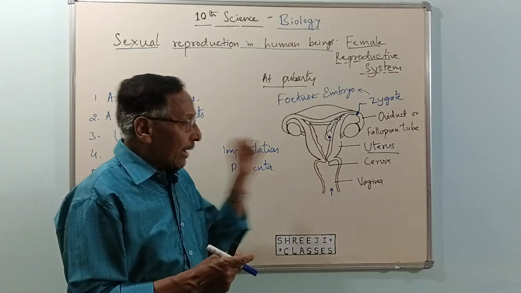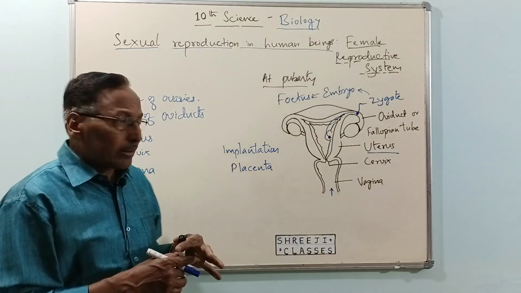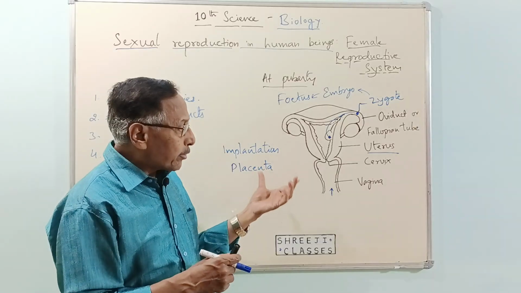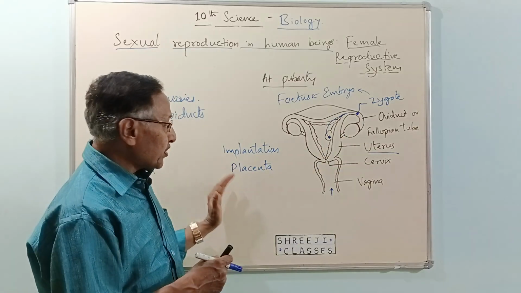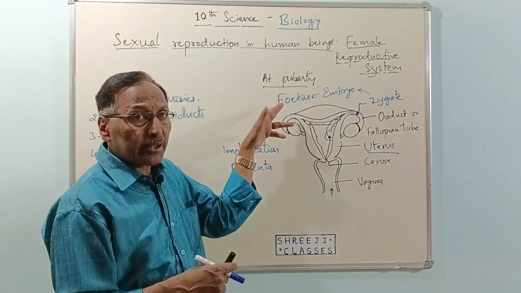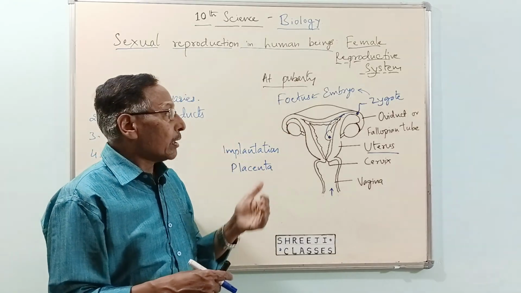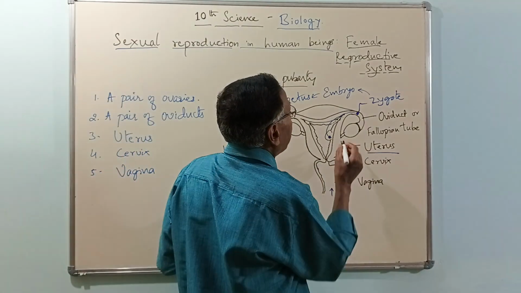The developing embryo grows into a child by getting all the nutrition or nourishment from the mother through this placenta.